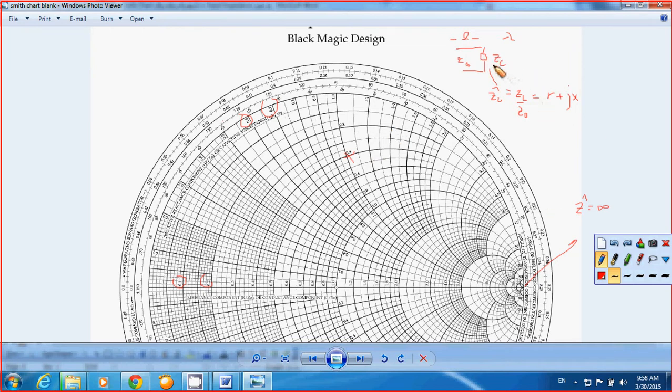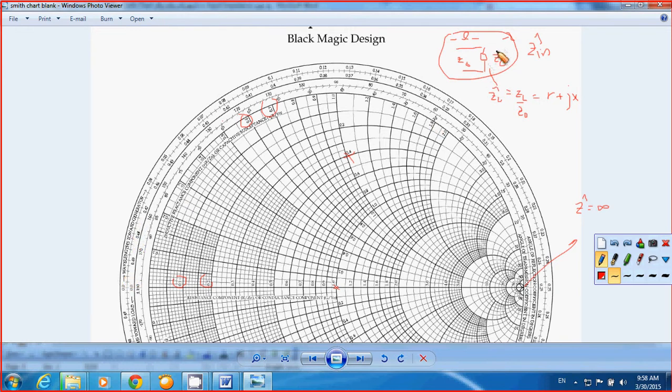So at this point, when you know your ZL connected to the transmission line, and you want to find the input impedance of the whole system, you need to rotate this point, taking the center of the Smith chart as the reference point for rotation. For the direction of rotation, take a look at the Smith chart here: wavelength toward generator.